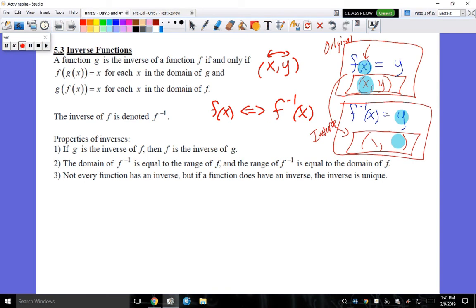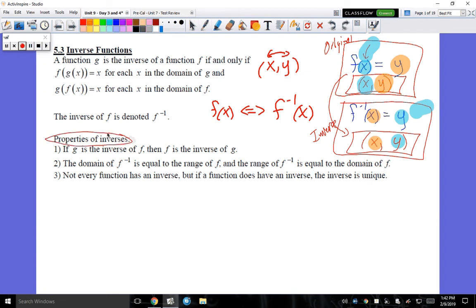Notice how I'm highlighting: the input of the original is equal to the output of the inverse. Vice versa, the output of the original is equal to the input of the inverse. So one function's input is the other one's output, vice versa. Okay? All right.